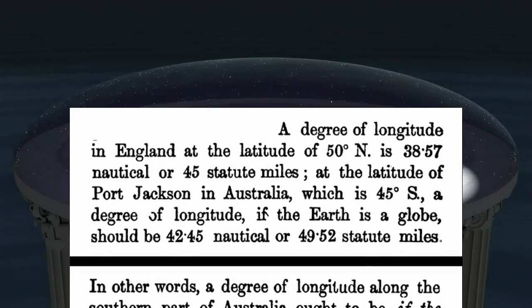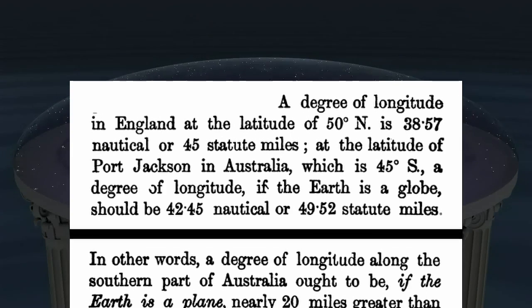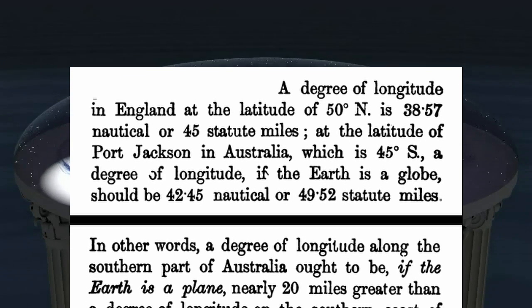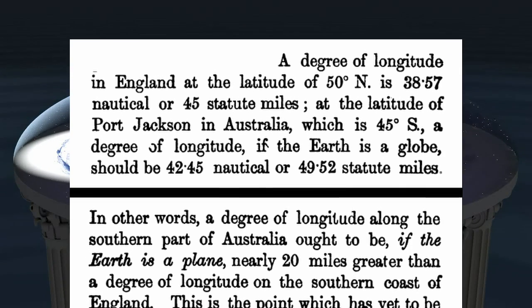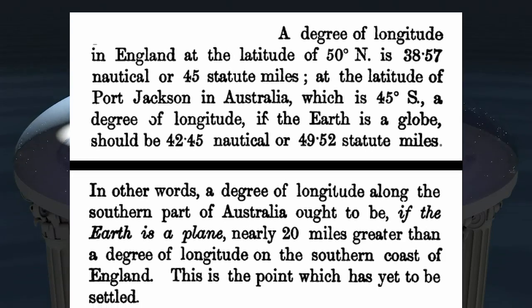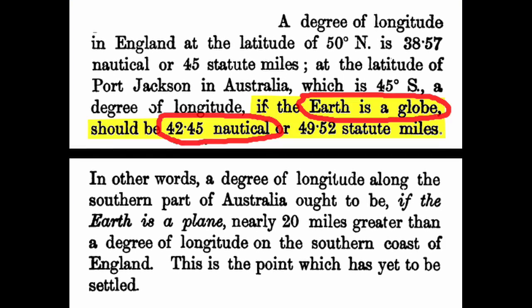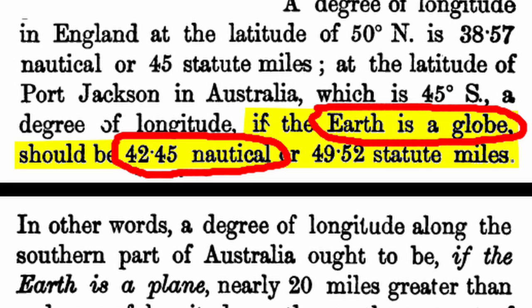In other words, a degree of longitude along the southern part of Australia ought to be, if the Earth is a plane, nearly 20 miles greater than a degree of longitude on the southern coast of England. This is the point which is yet to be settled. Guess which measurement is accurate? This means, by his own lights, that the Earth is a globe.